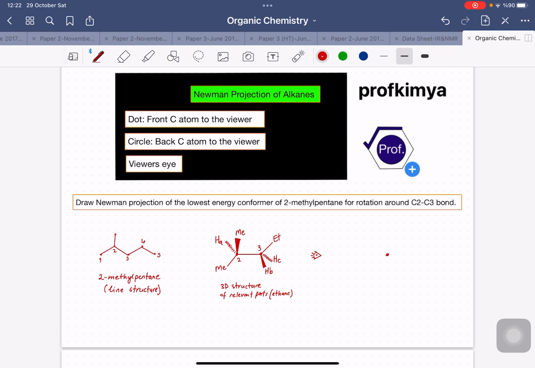We will see ethyl group is up, we will see HC on our right, HB to the left.